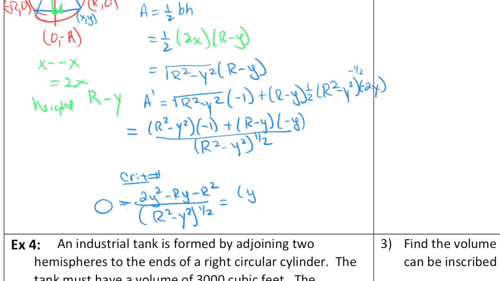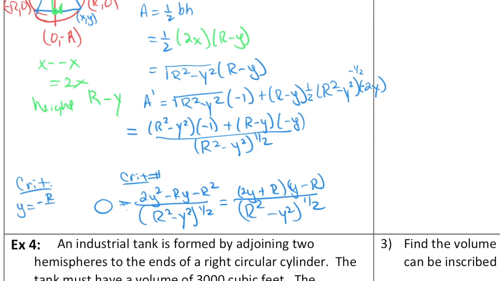You get 2y plus r times y minus r, almost there, over our denominator, r squared minus y squared to the 1/2. So those critical numbers are going to be y equals negative r over 2 and y equals r.